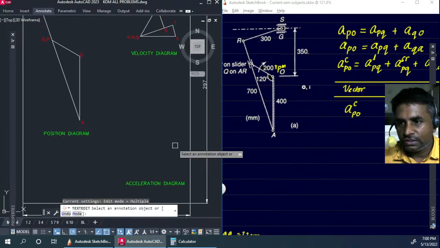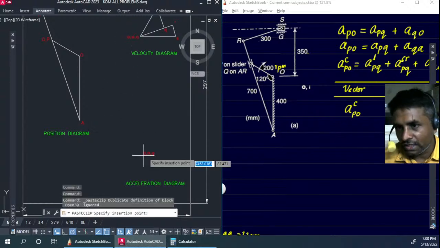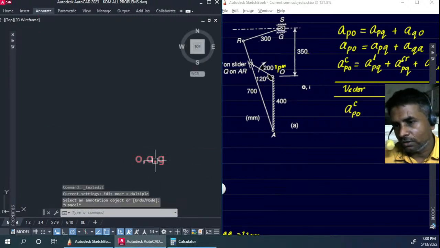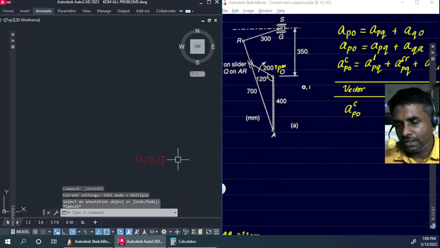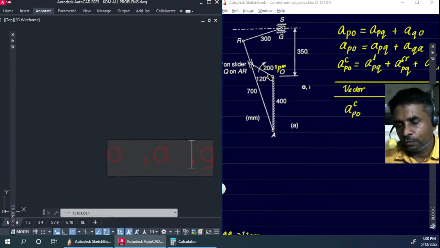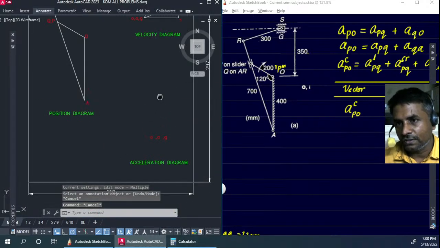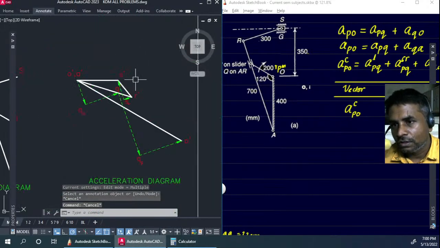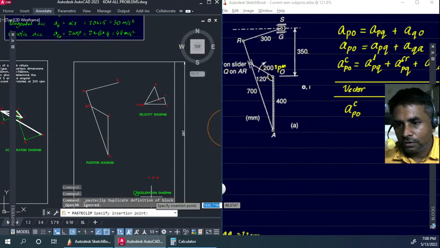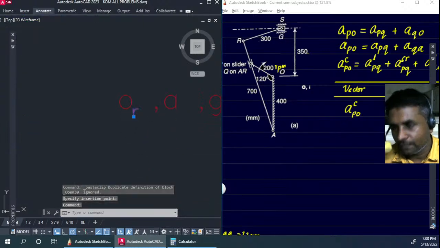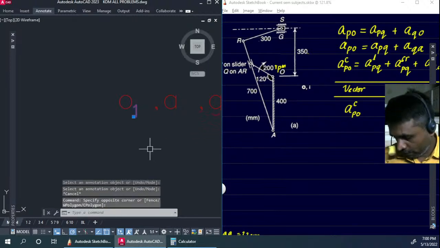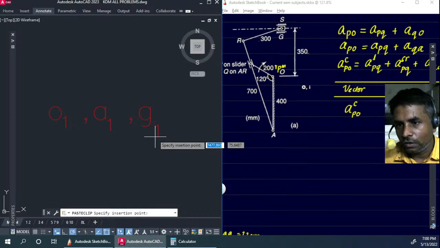So for the acceleration diagram, we are going to start again with the fixed points. We are again going to take the small letters, but we will have to place a subscript for all of these. The subscript that we will need here is 1, and we have to take the same subscript for all of these.